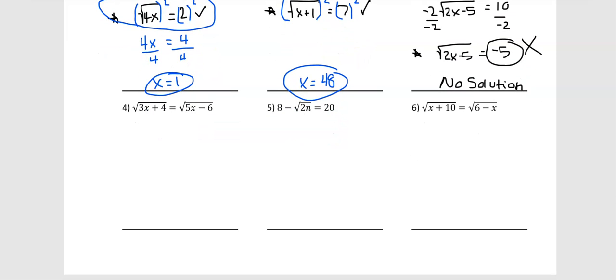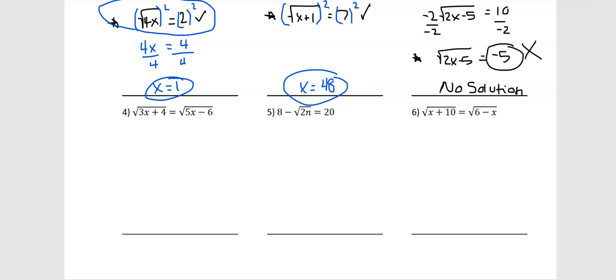I will do one more with you, and then I will let you try the last two on your own. Look at this. We have two radical expressions. However, a lot of people will panic and start trying to move the 4 and get variables together, but you can't because your stuff is stuck inside the radicals. But we know how to undo radicals.